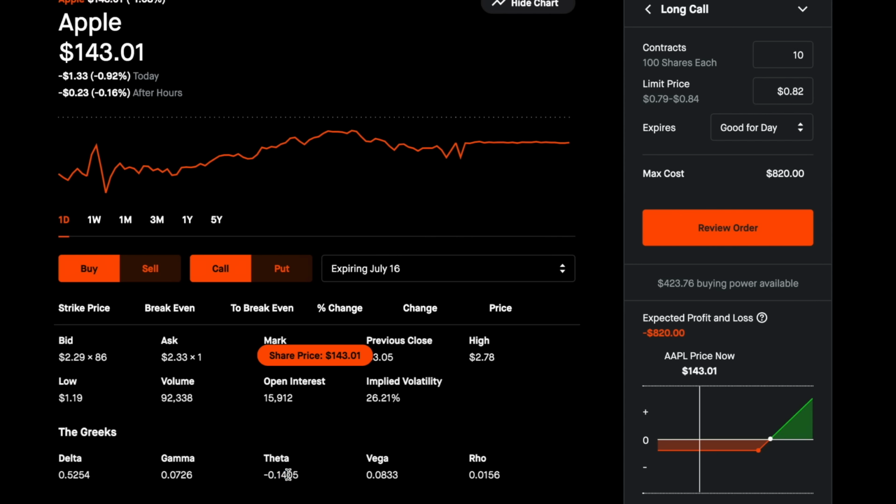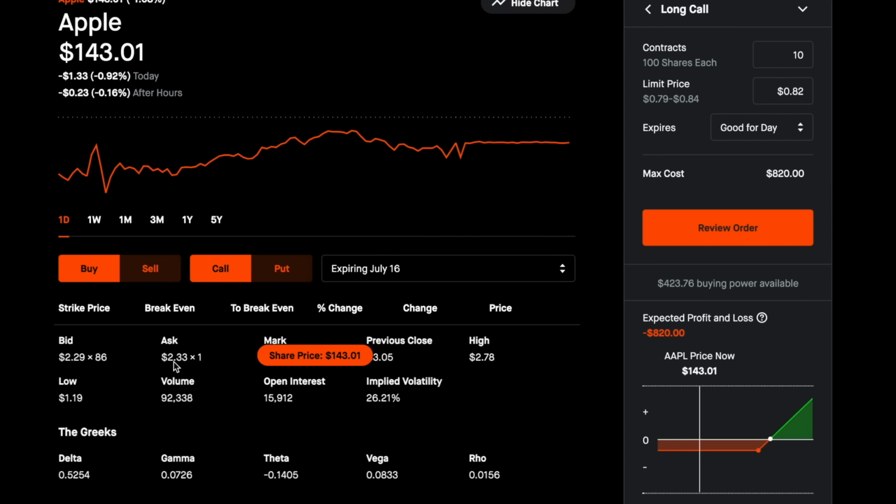But if you do the math, 52 minus 14, you're looking at 38, I believe. And if Apple was to move $2 on any given day, then boom, you're looking at around $104. Minus 14, you're looking at about $90. It'll probably be more based on how fast Apple moves, or if Apple is just slowly moving. Remember, volatility matters with options, and that's basically how you would look at it.